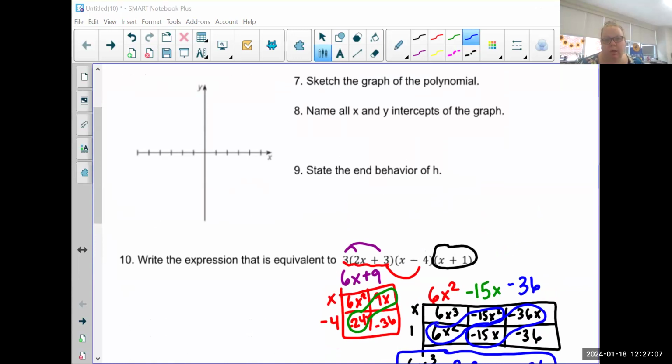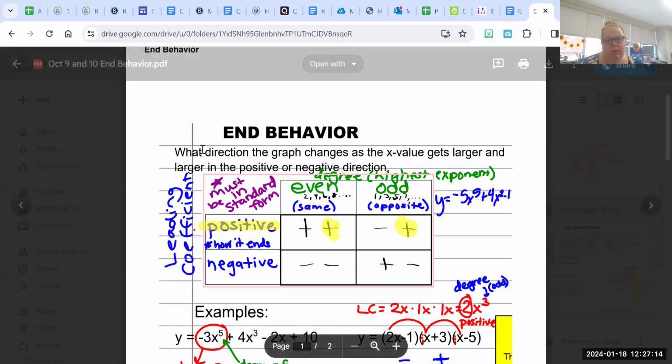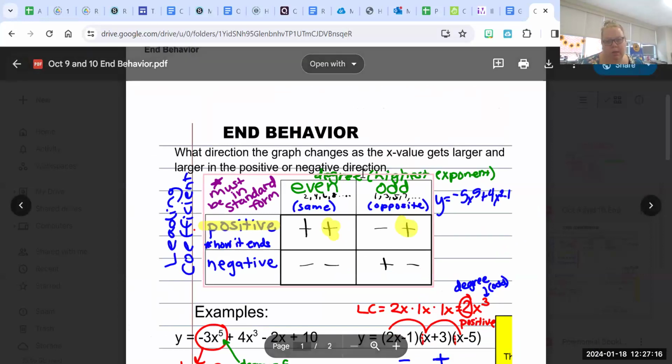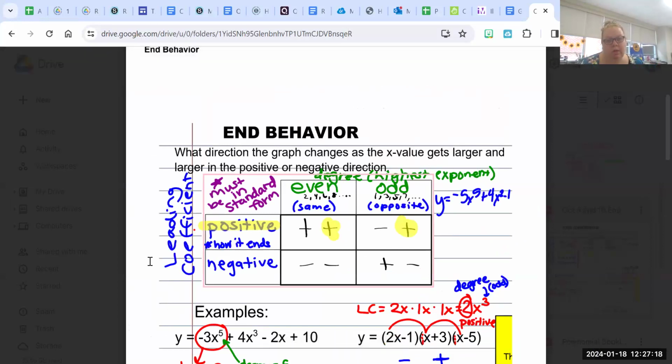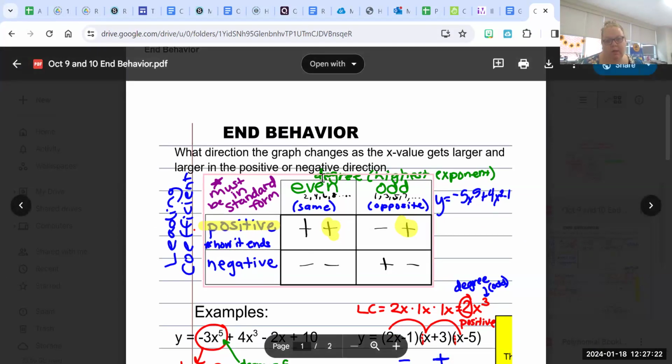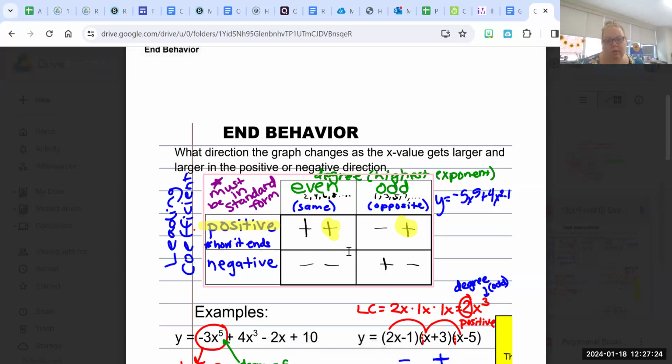Remember, we have to look at the leading coefficient when it's in standard form, and we have to look at the degree, which is the highest exponent. The leading coefficient tells us if it's positive or negative, and the degree is telling us if it's even or odd. And then we just look at the chart.